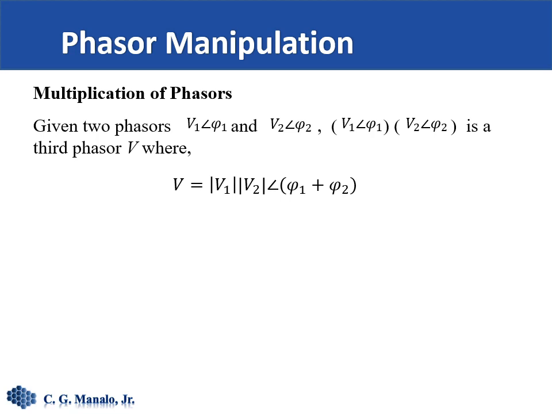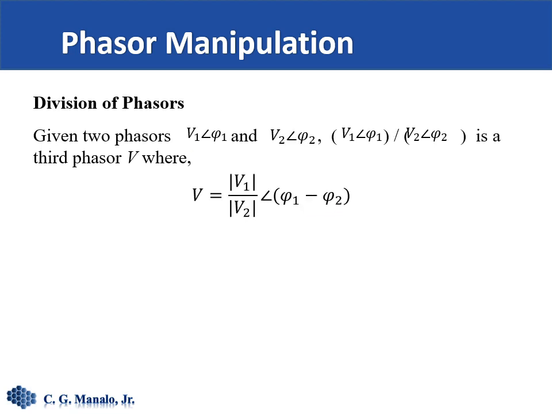So let's say we have phasor V1 and phasor V2. We get a third phasor where the magnitude is the product of the magnitudes of the two phasors, and the angle is the sum of their phase angles.